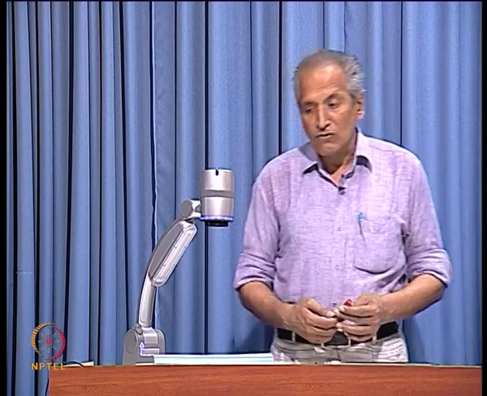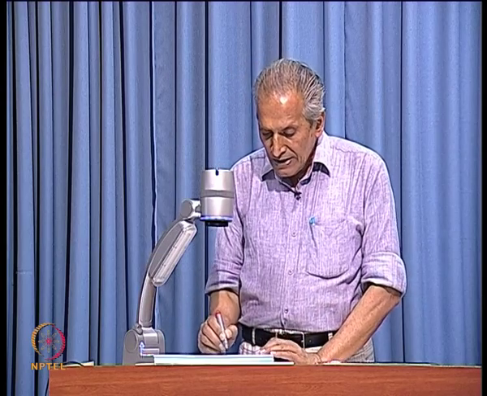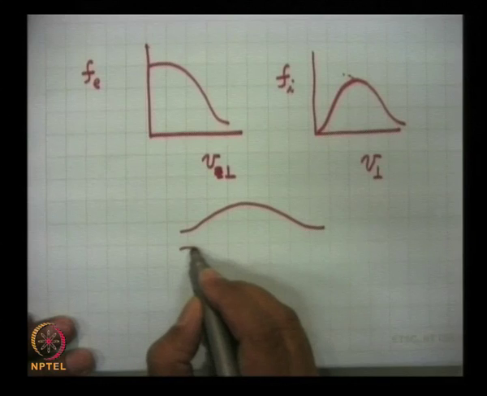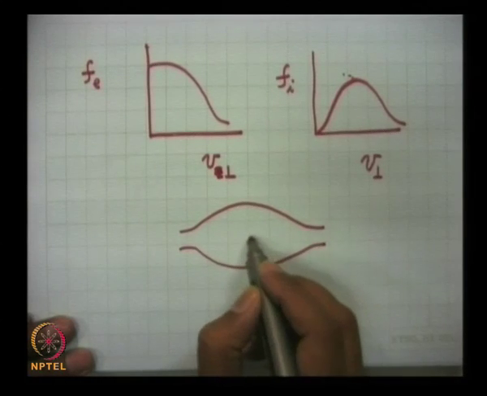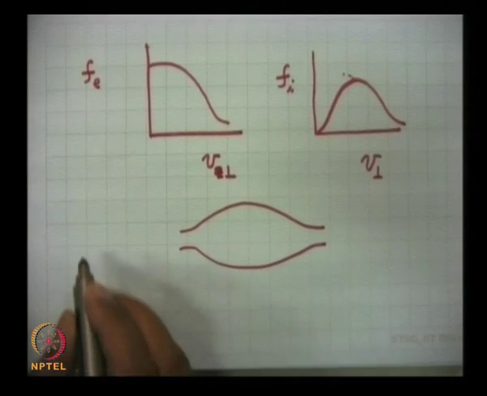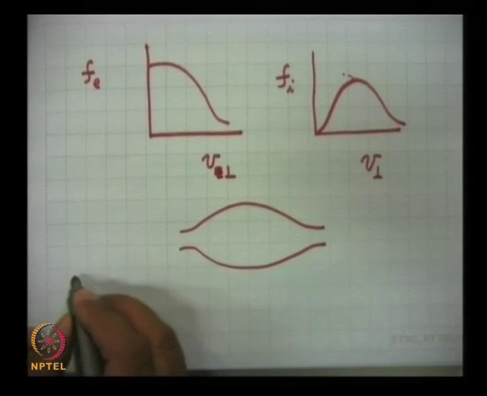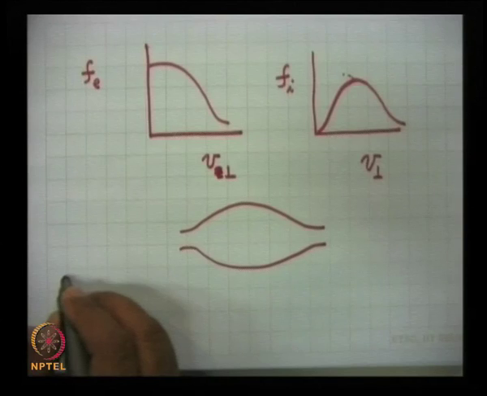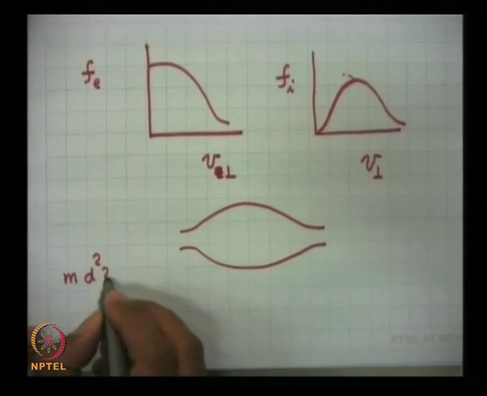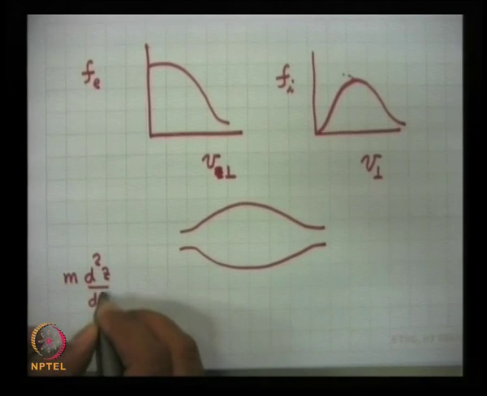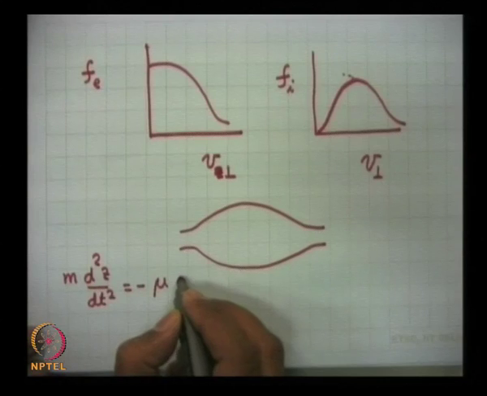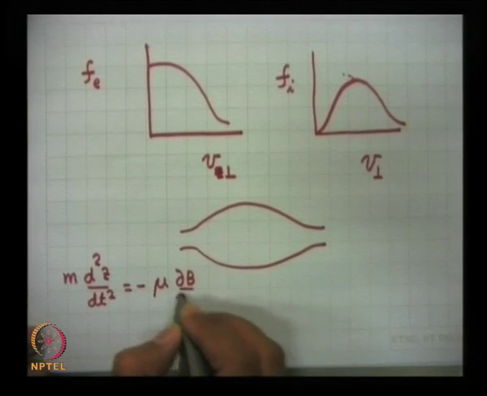Before I close, I would like to mention that in a mirror machine the particles which are confined, whether electrons or ions, suffer bounce motion here. If you examine the equation of motion for the z component, it turns out to be m d2z by dt square is equal to minus mu delta B by delta z.